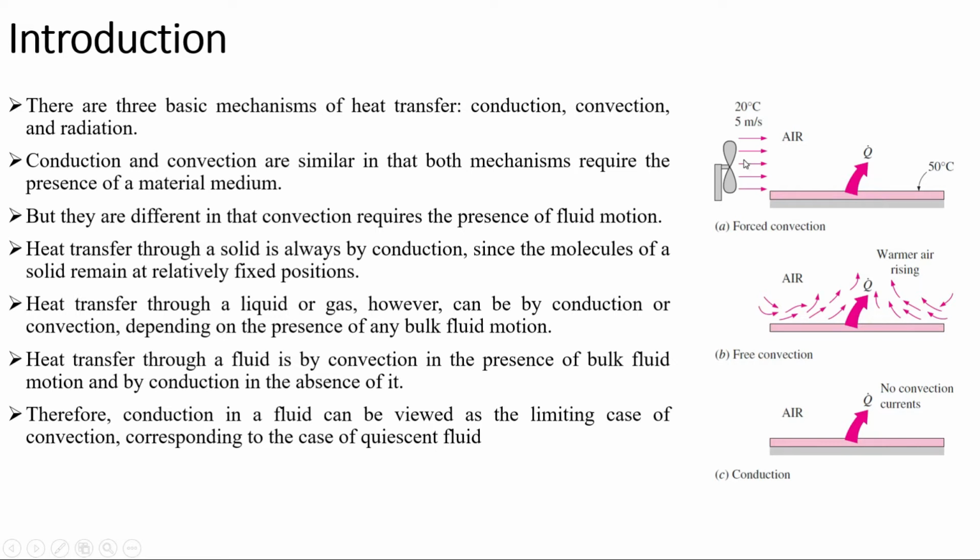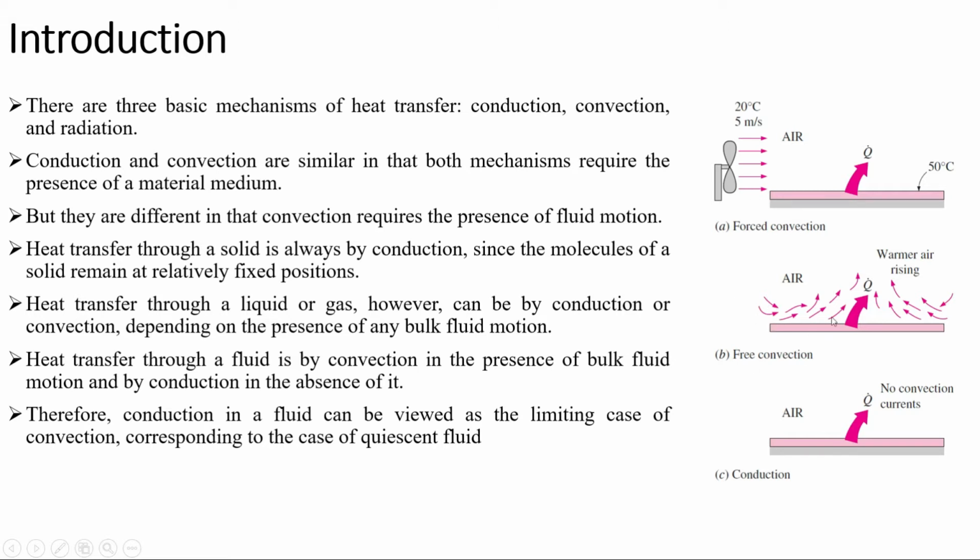As the air at 20 degrees centigrade passes over this flat plate, heat transfer will take place, as the plate is at 50 degrees centigrade. So heat will flow from this plate to the air, and since we are forcing air on it through a fan, that's why it is written forced convection.